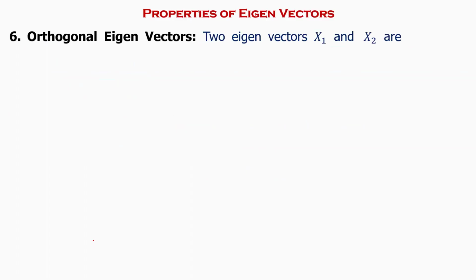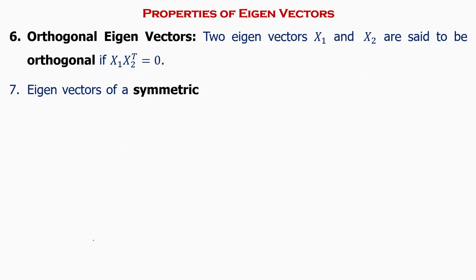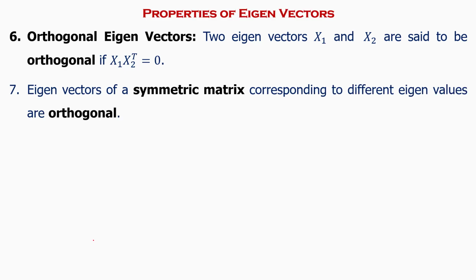Two eigenvectors x1 and x2 are said to be orthogonal if x1 times x2 transpose is equal to 0. This is called orthogonal eigenvectors. Property number 7: eigenvectors of a symmetric matrix corresponding to different eigenvalues are orthogonal.